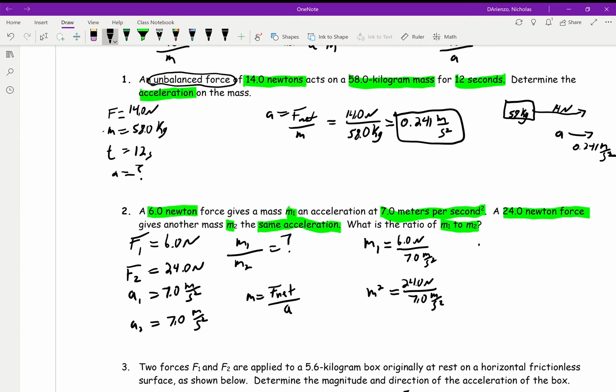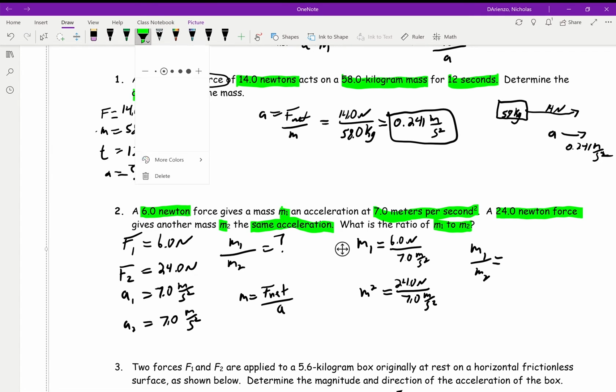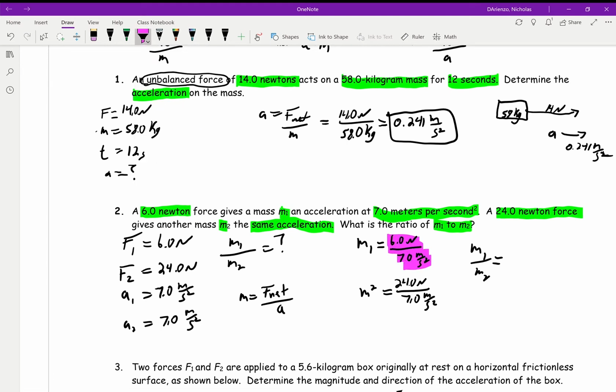Now, if we look at the ratio of m1 to m2, we have both of those pieces listed here. Here's m1, and here's m2. So if we plug that in, we end up with 6.0 newtons over 7.0 meters per second squared, all over the 24 newton force of the second mass over the same acceleration.